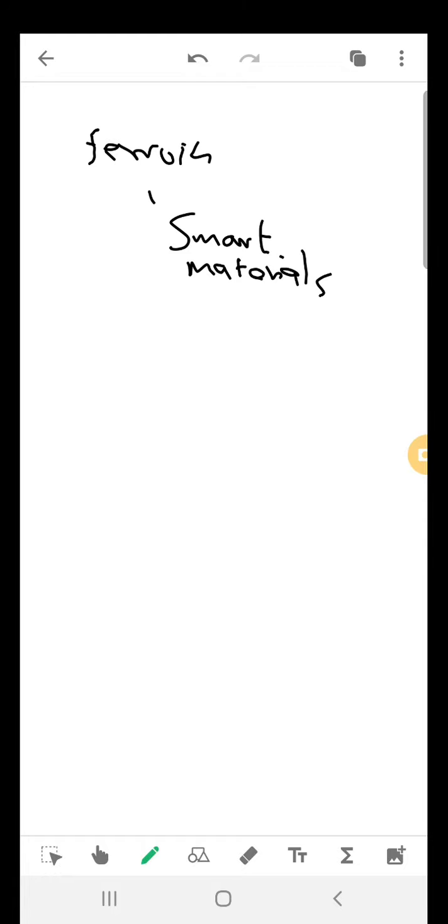And among them the most smart are the multiferroics and biferroics.